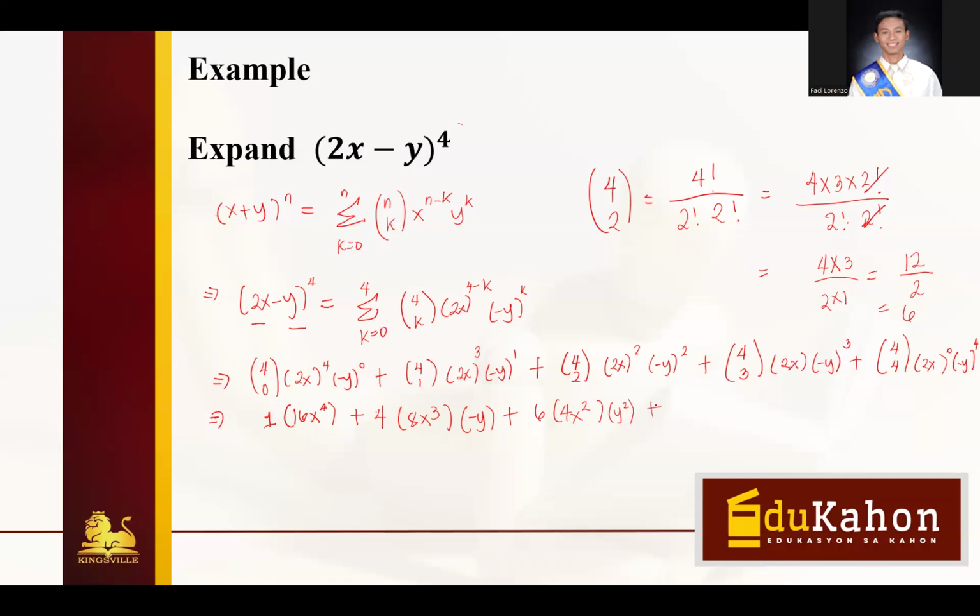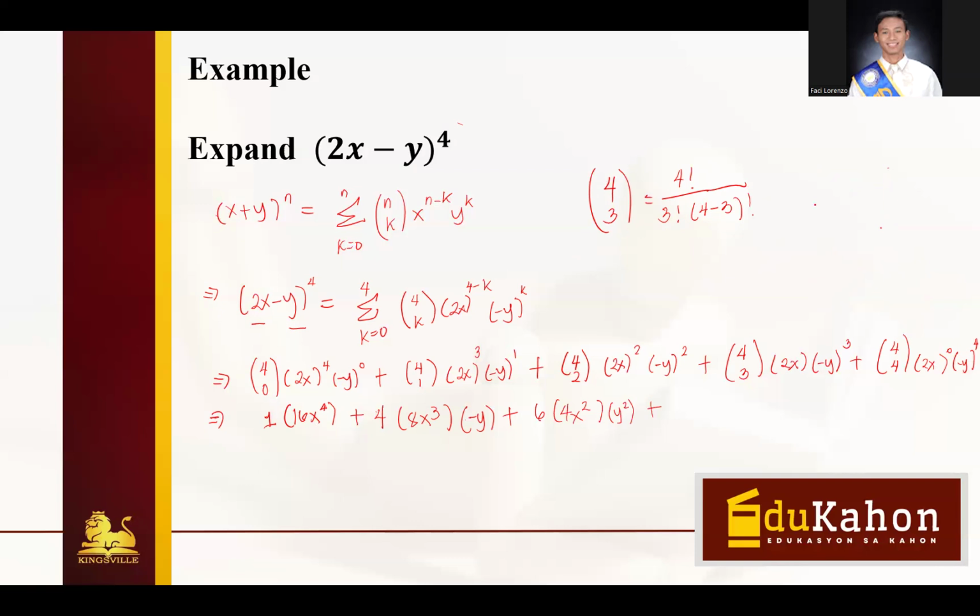Plus, we have the value for 4 taken 3. So what is the value of 4 taken 3? Okay, if we try to simplify the following using the formula for combination, we have 4 taken 3. So 4 taken 3 is 4 factorial divided by 3 factorial multiplied with the value of 4 minus 3 factorial.